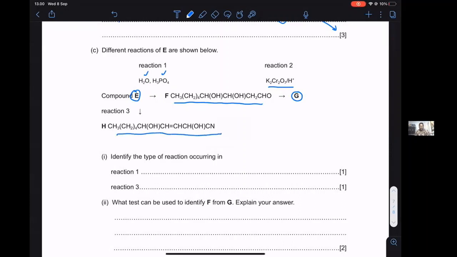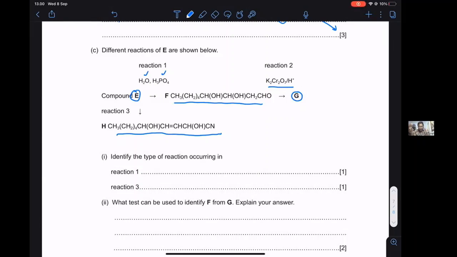Here, what we need to do is identify the type of reaction that is occurring in reaction number 1. So what is the type of reaction that is occurring over there?